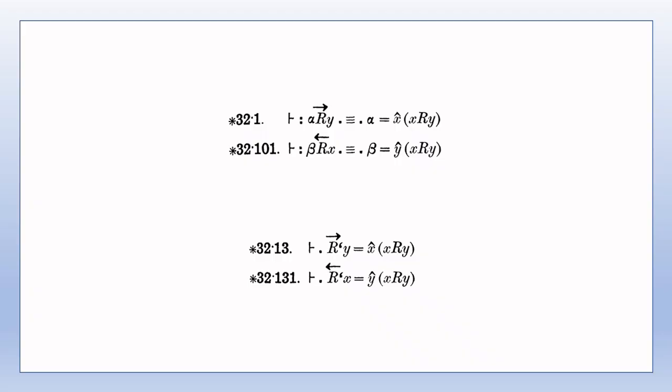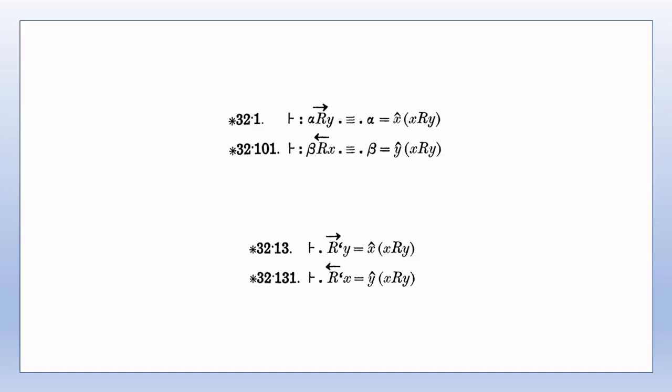And then by 32.13 and 32.131, these classes must be equal to R right arrow primed y and R left arrow primed x respectively.